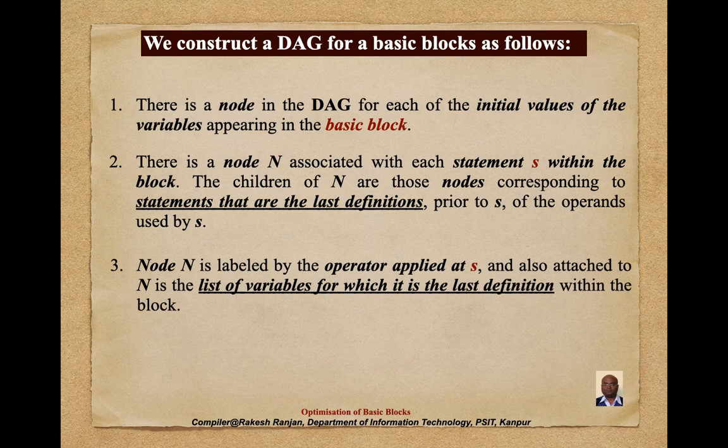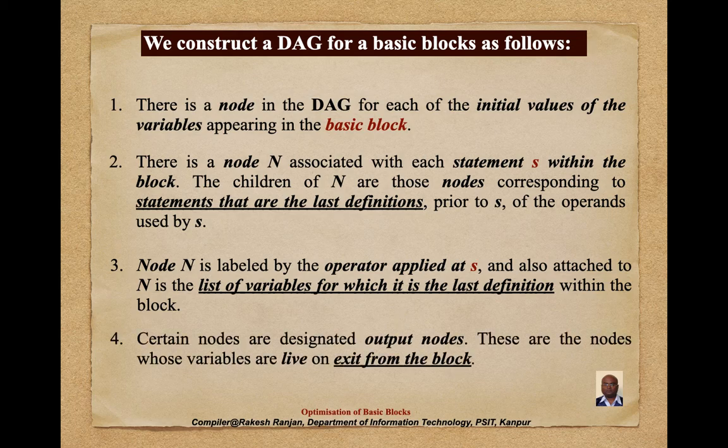The node n is labeled by the operator applied at s, and also attached to n is the list of variables for which it is the last definition within the block. Certain nodes are designated as output nodes. These are the nodes whose variables are live on exit from the block.